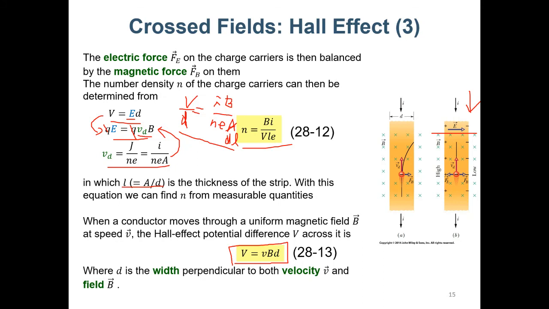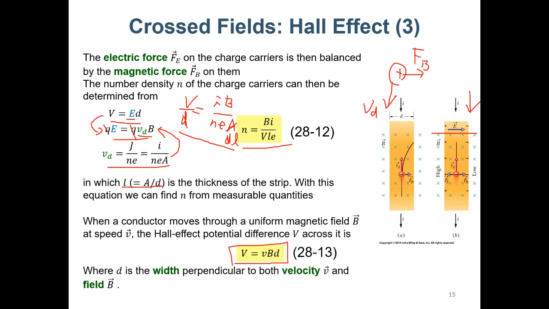One point is: if the moving charge is positive, what will it be? If the moving charge is positive, the VD should point to the downside. So V cross B should point to the right side, which means that FB also points to the right side, right?